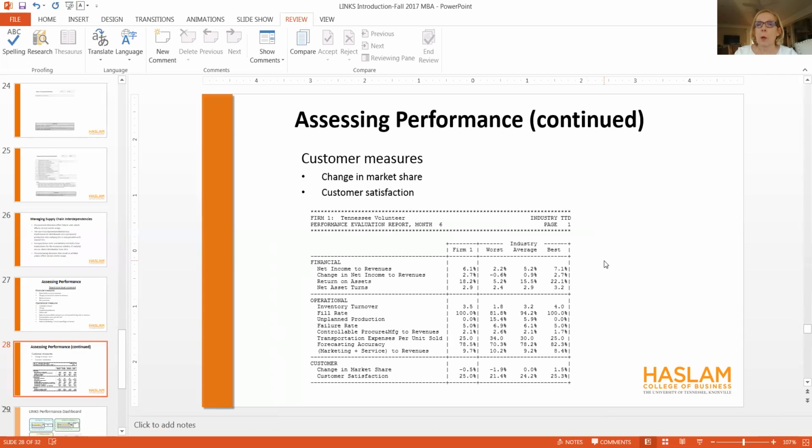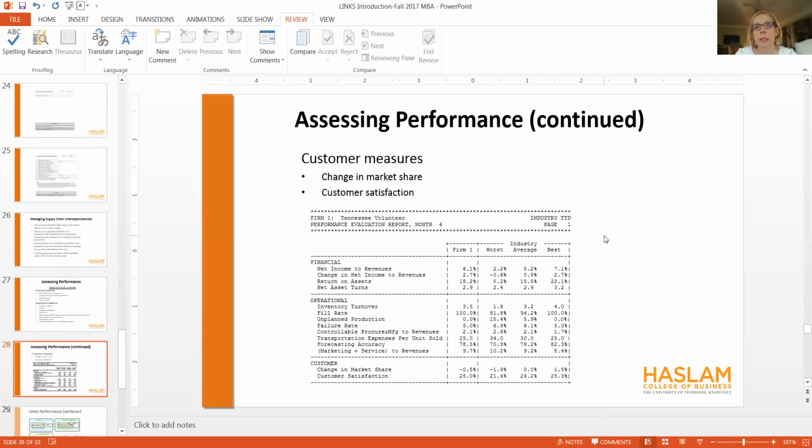It looks a lot like an old AS400 in terms of how it comes out, but you'll be given information about not only how you did as a firm across those 14 measures, but you'll also get an indication of where you fall relative to the industry average, the industry best, and also the industry worst. And I would say we want to stay away from this category if we want to improve the performance. So all of those are here.